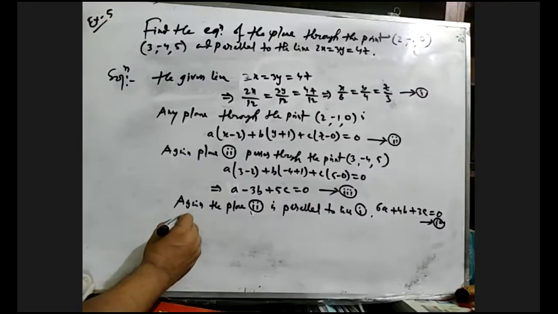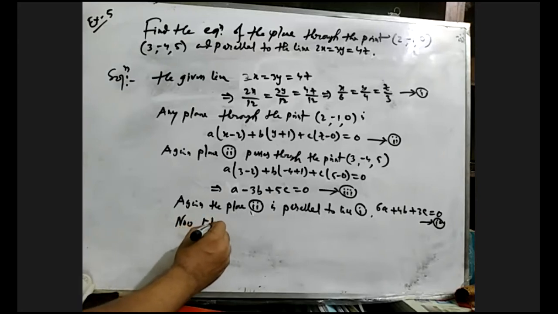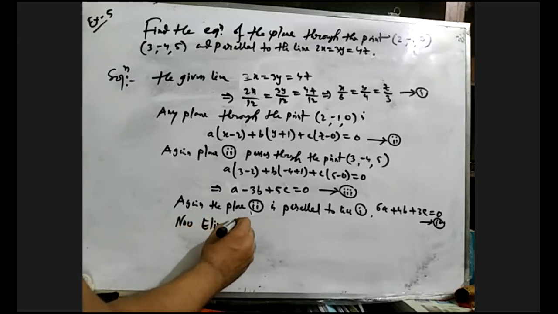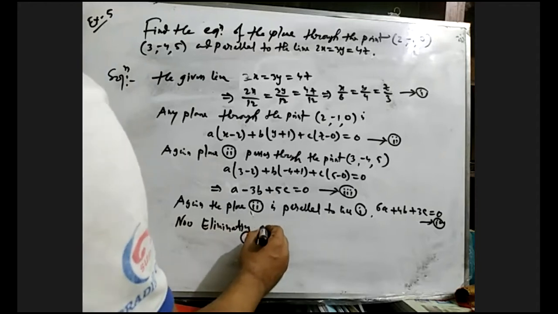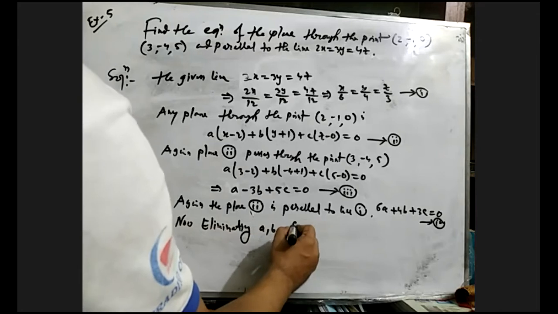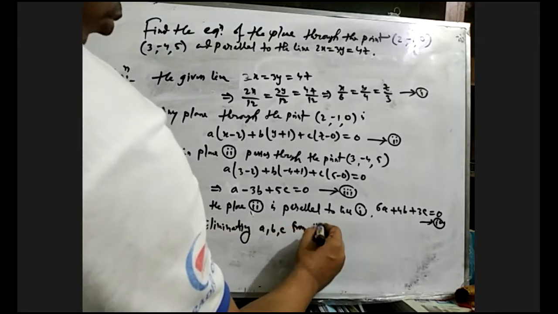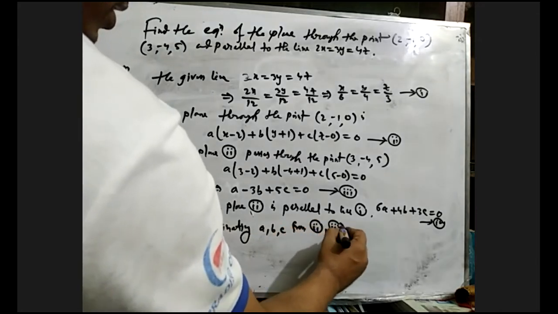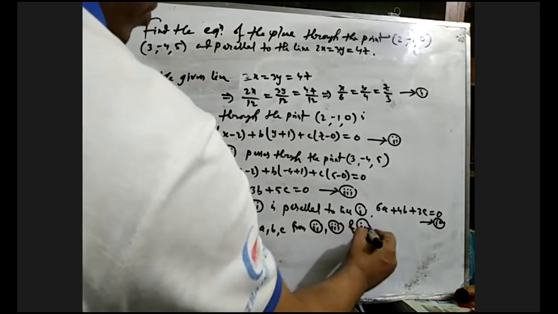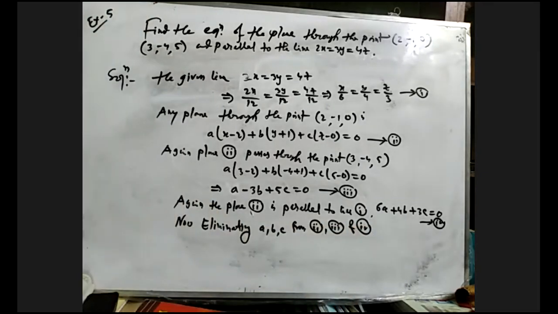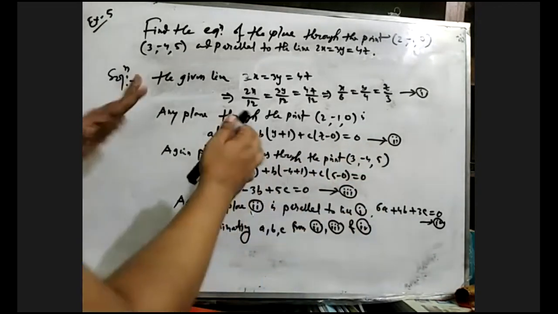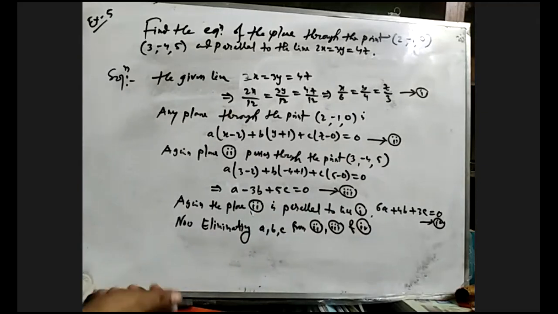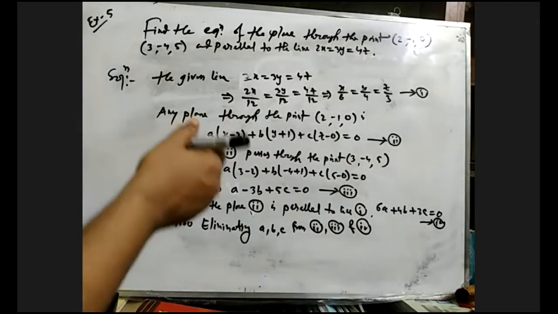Okay, now eliminating a, b, c from equations 2, 3 and 4, we can form the determinant like this.